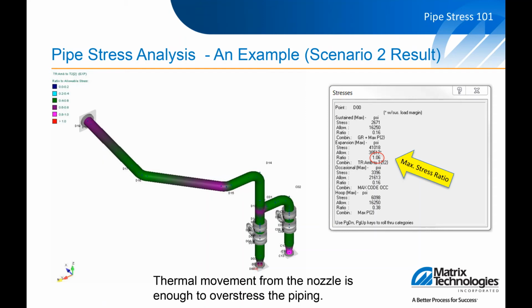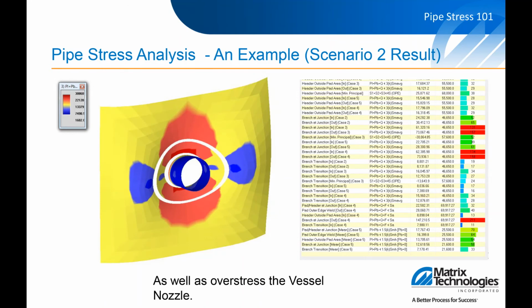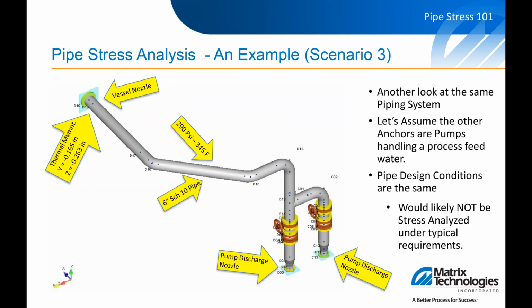That's really what's affecting the pipe. But also, when you look at the nozzle itself, you'll see that the nozzle is a little overstressed as well. You'll see some numbers here, 150, 200%. So there's some overstress in the vessel nozzle itself. Right, now let's look at, you've got the vessel nozzle on the left.